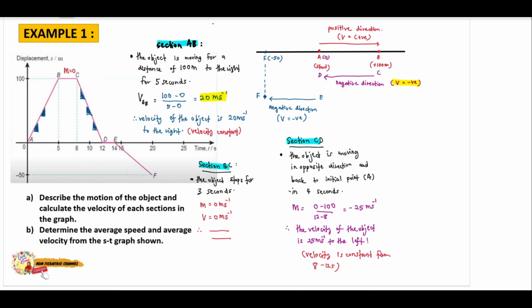Okay, and how about D to E? Okay, D to E. Okay, mana saya nak letak ni? Saya letak kat atas ni. Okay, section D to E. This is very simple because the object is not moving. Dia stop sekejap. Okay, so kita boleh kata apa kat situ? Kalau not moving, stationary ke, not moving ke, okay, ataupun kita tulislah the object is at rest.